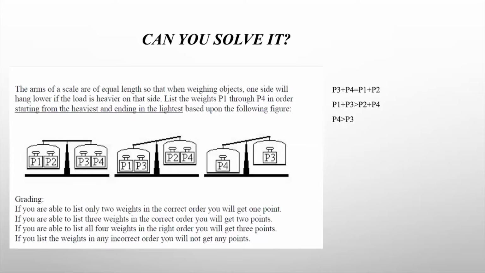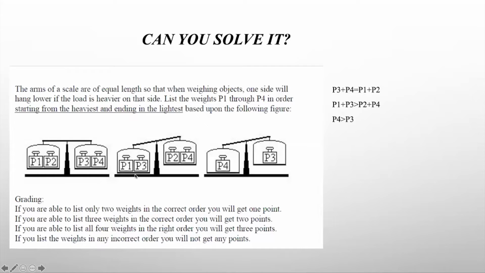So from there, we could establish the fact that when you consider P3 and P1, now P4 is greater than P3, but in the second figure, P3 and P1 is greater than P2 and P4.